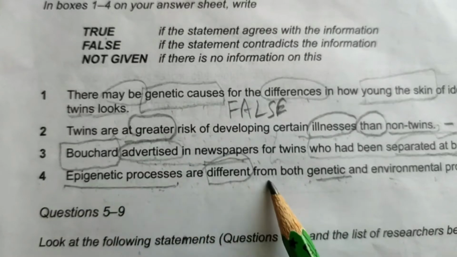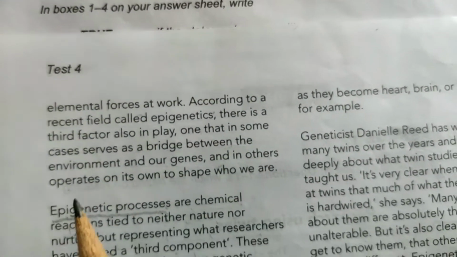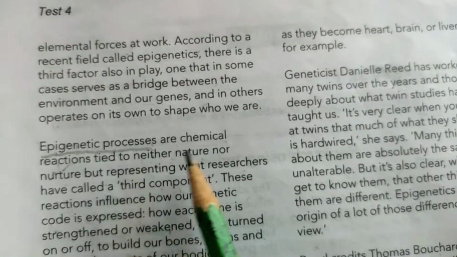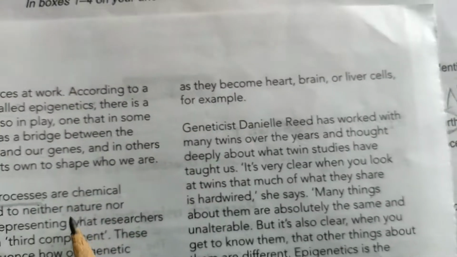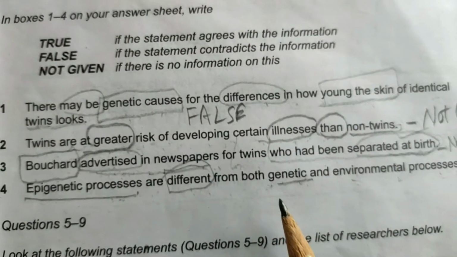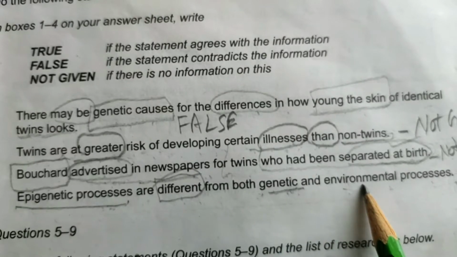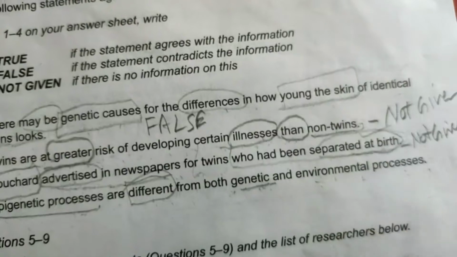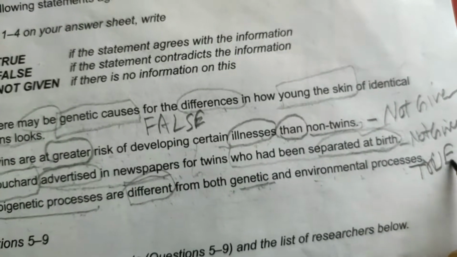Now you have to match the words. At first, epigenetic processes are chemical reactions tied to neither nature nor nurture. For nature and nurture, the writer is using the words genetic and environmental processes. For this, our answer is True.